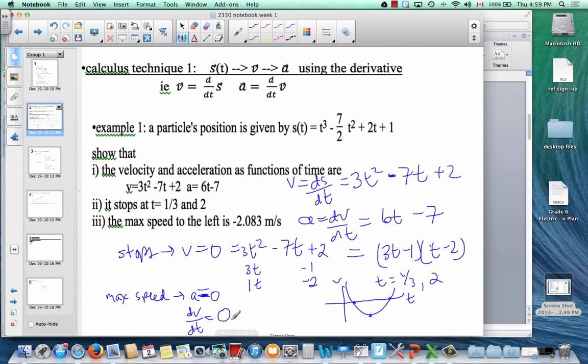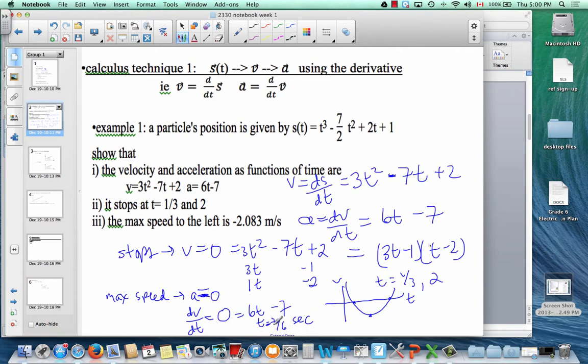Well, that's going to happen when time is 7 over 6 seconds. At that time, that is when the maximum velocity to the left is going to occur.